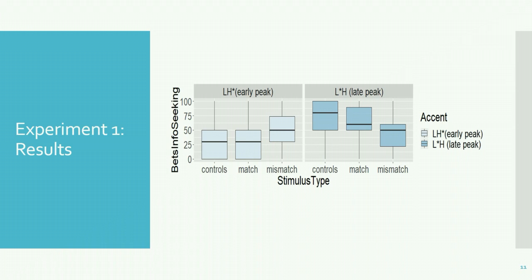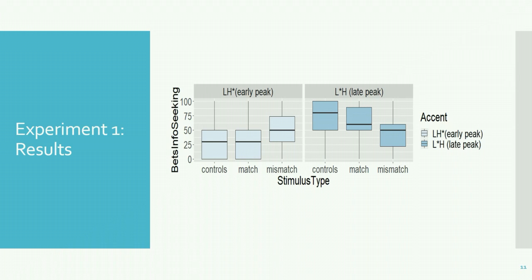So controls led to significantly higher bets for information seeking than both matches and mismatches. What you also see is that matches led to significantly higher bets than mismatches. So these are the results, and they're as we expected them to be.